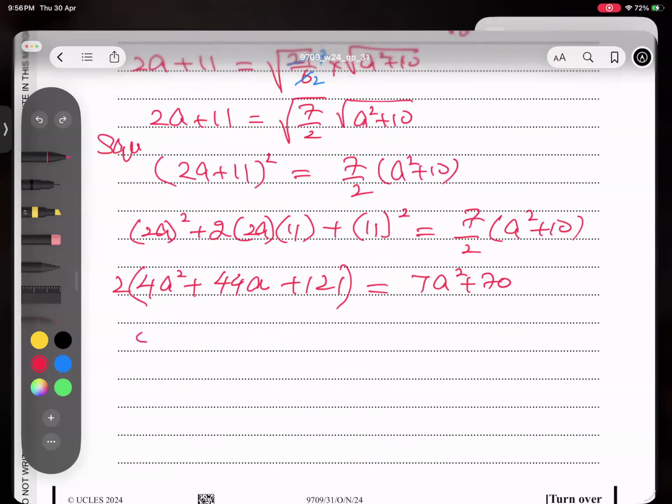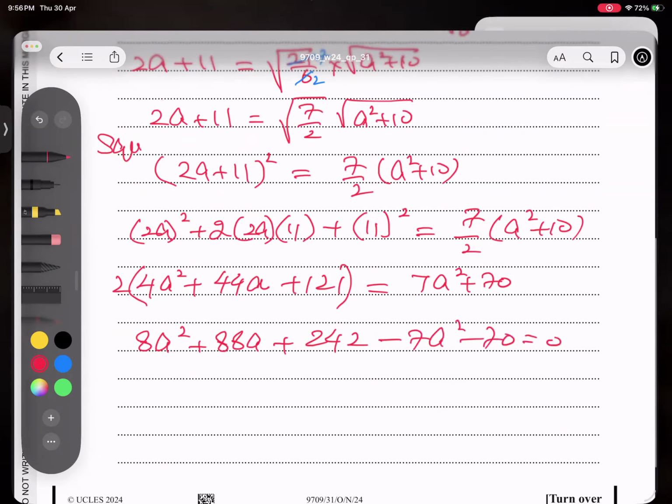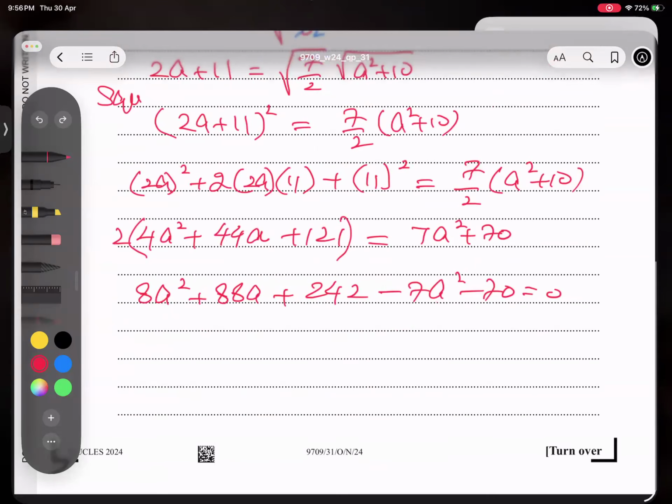So I'm getting here 8a squared, 88a, and 242, and all these values come to the left side. These two values give us a squared, plus 88a, and this one is 242 minus 70. 242 minus 70, I'm getting plus 172.